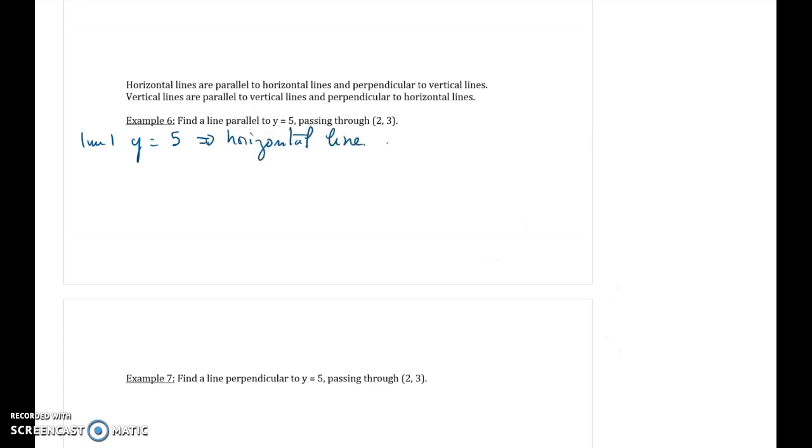And I know that for a horizontal line, m equals 0. The slope is equal to 0. I'm looking for the equation of line number 2, which is parallel to line number 1. Therefore, m2 equals 0. So y equals 0x plus b. And I know that this line is going through the point 2, 3.